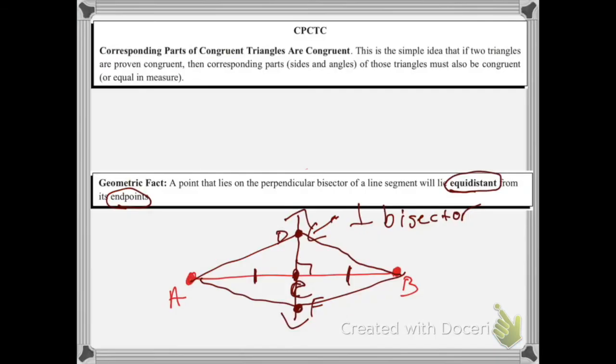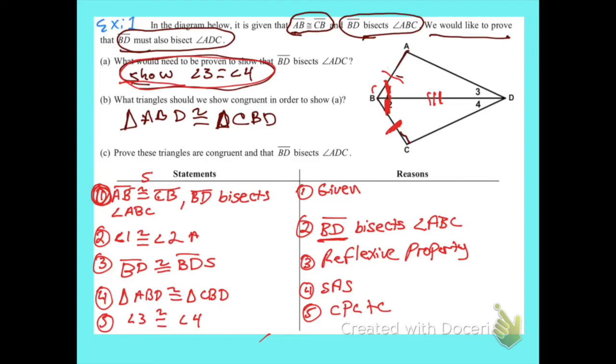And that is what we learned over here: corresponding parts of congruent triangles are congruent. Well, we've shown it. We've shown that angle 3 equals angle 4. But we must actually write out the statement that they want us to write. You must end with that.